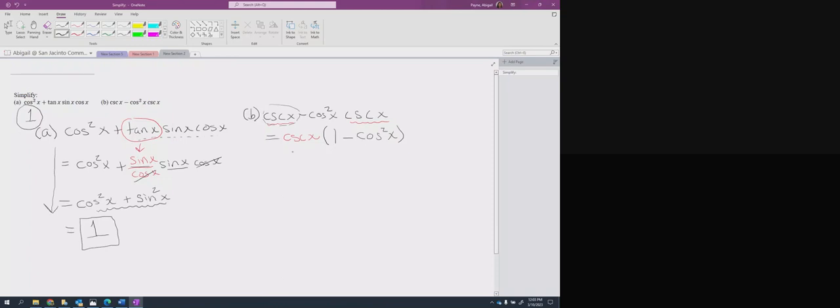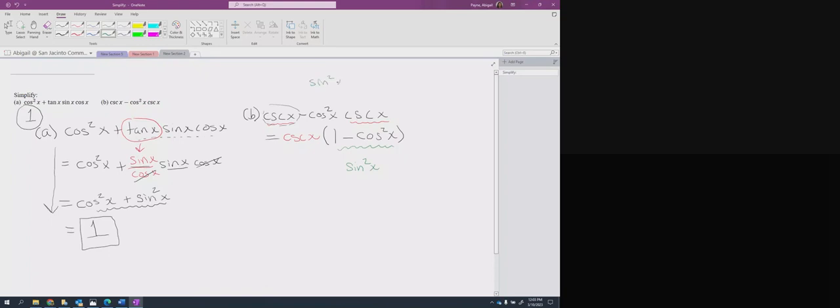Okay. Now, again, just knowing the trig identities is going to help you a lot. So hopefully you recognize something here: 1 minus cosine squared is equal to sine squared x. This is another one of those Pythagorean identities. And let me write something off to the side.